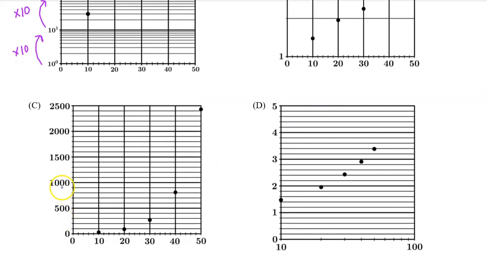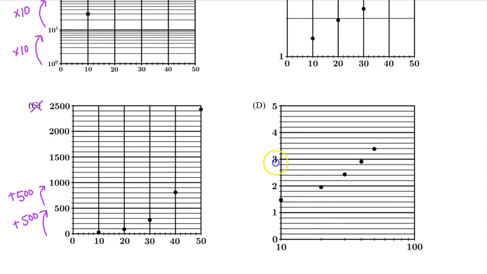Looking at option C, the values on the vertical axis are changing additively. We are adding 500 each time. So this is a normal scale. This is not a logarithmic scale. So option C cannot be the answer.